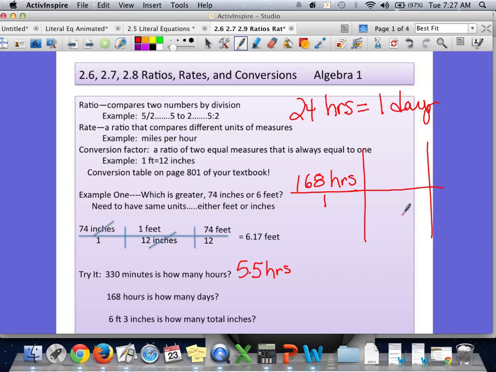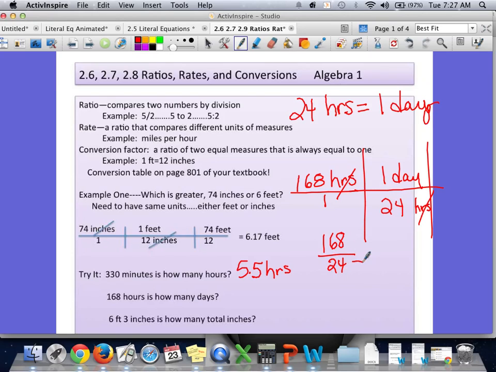You want to have hours here, so you want to have hours here. We have 24 hours in 1 day. When you multiply, your hours are going to cancel. You have 168 times 1, divided by 1 times 24, which is 24.